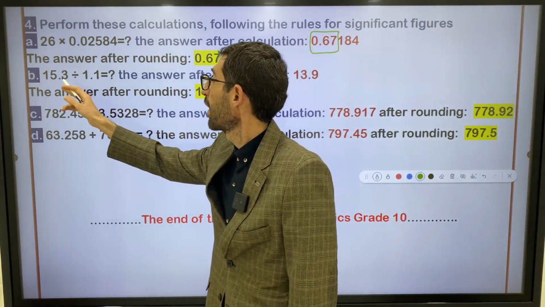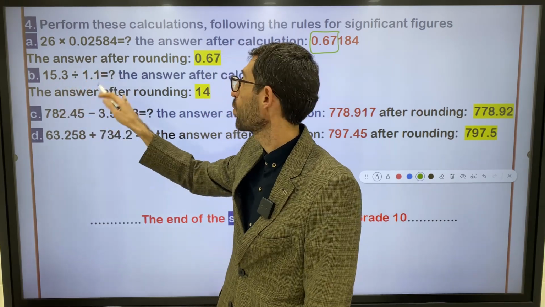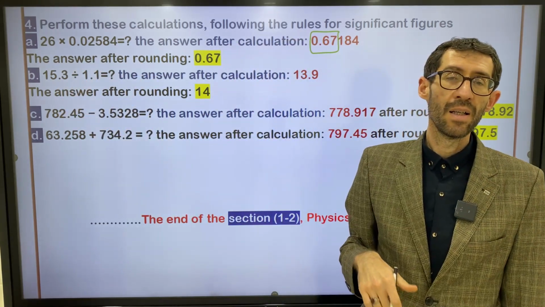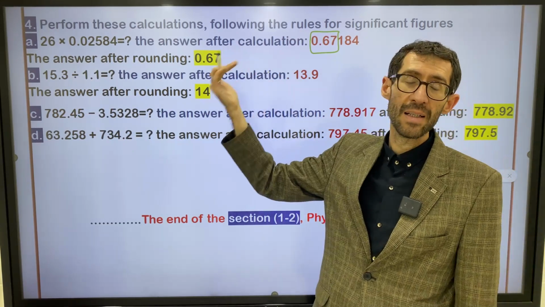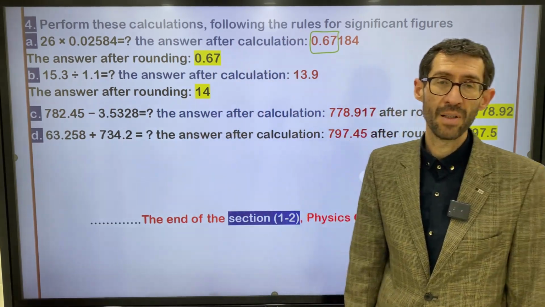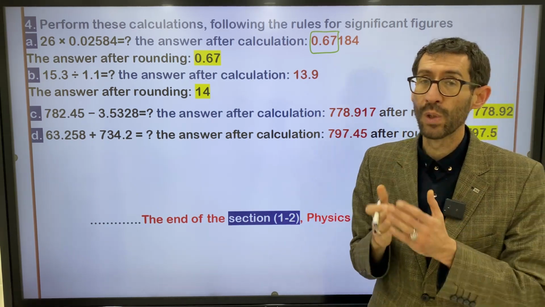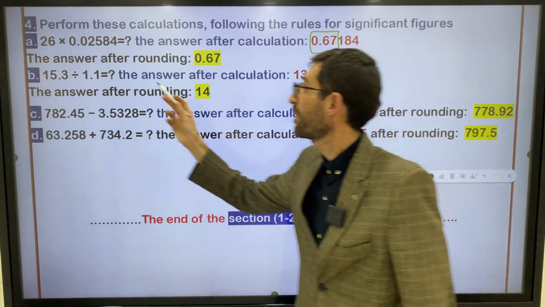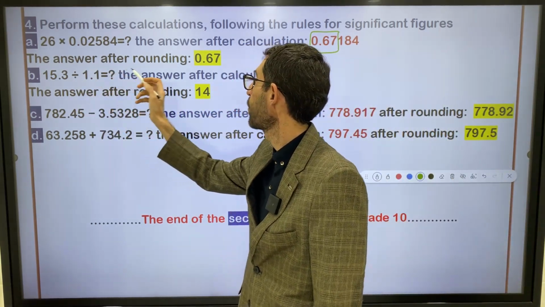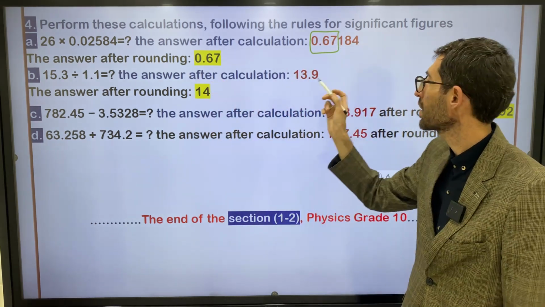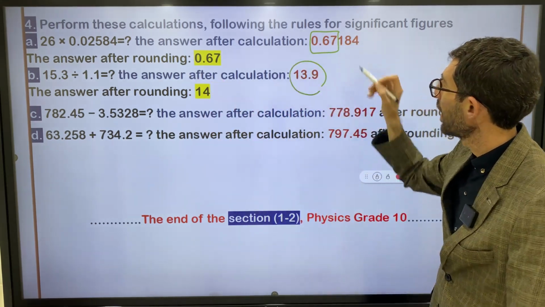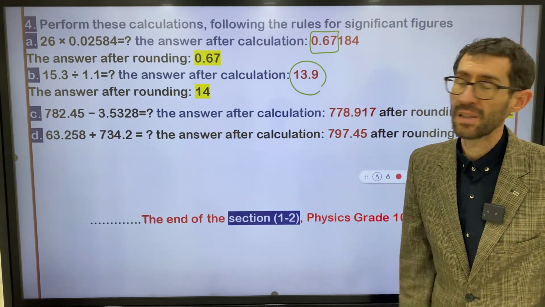B, 15.3 divided by 1.1. We obey the same rule as the multiplication. Multiplication and division have the same rule. 15.3 divided by 1.1. The answer after calculating, you get 3.9.